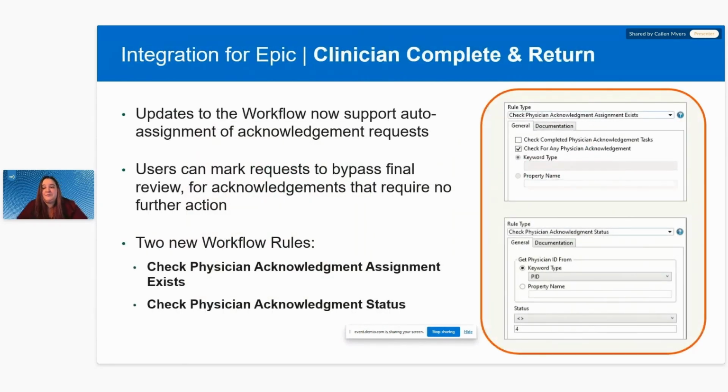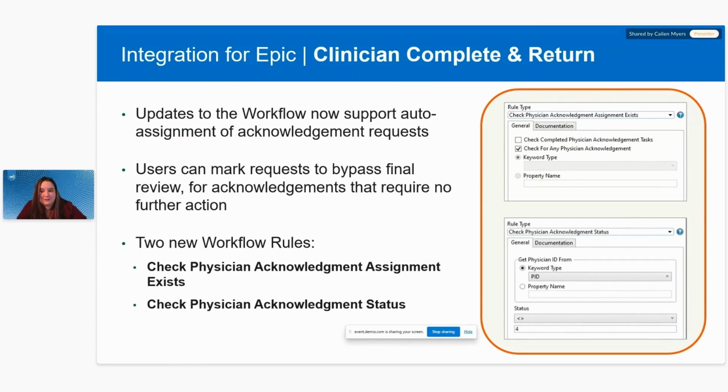First off, some of the updates for the clinical, complete, and return lifecycle, which do include making the process digital and adding automation to that process. Updates to the workflow now support auto assignment of the acknowledgement request, reducing that manual interface and interactions with documents.